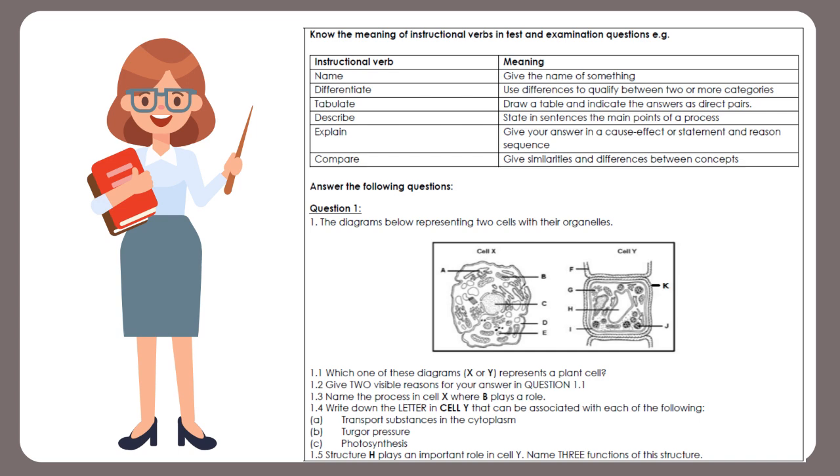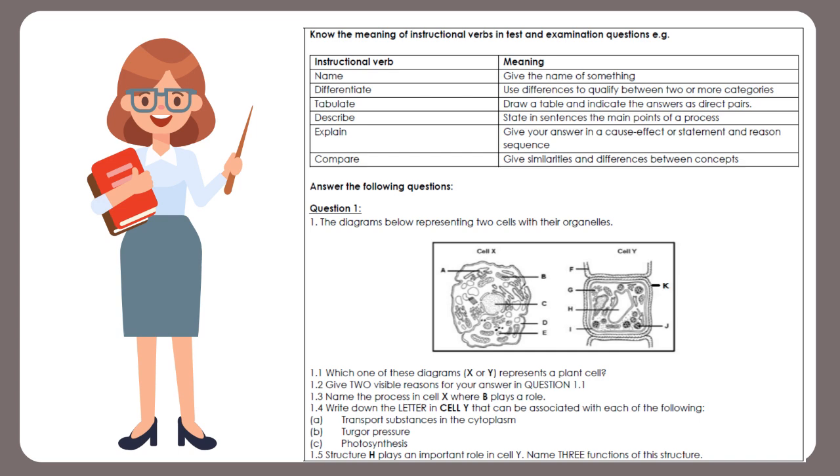Know the meaning of instructional verbs in test and examination questions, e.g. Answer the following questions. Question 1. 1. The diagrams below represent two cells with their organelles. 1.1 Which one of these diagrams, X or Y, represents a plant cell? 1.2 Give two visible reasons for your answer in question 1.1. 1.3 Name the process in cell X where B plays a role. 1.4 Write down the letter in cell Y that can be associated with each of the following.